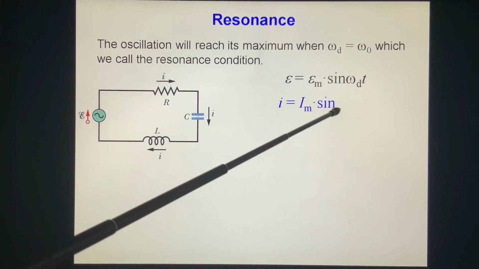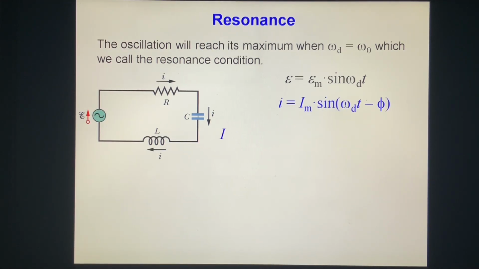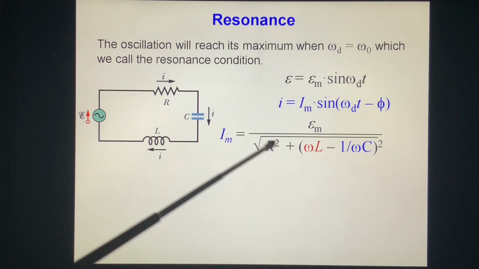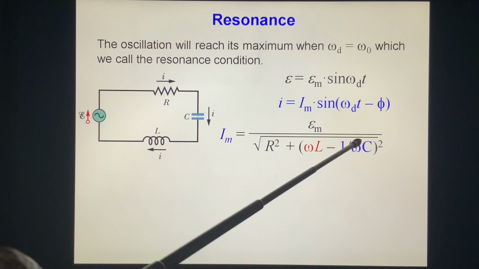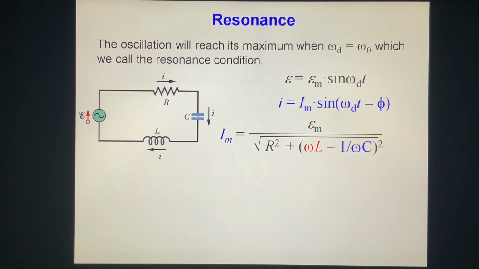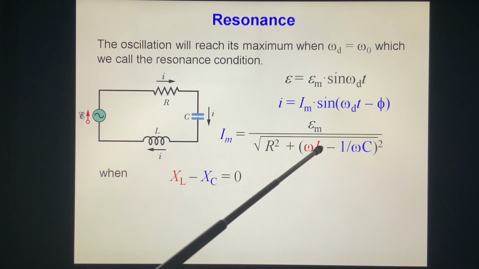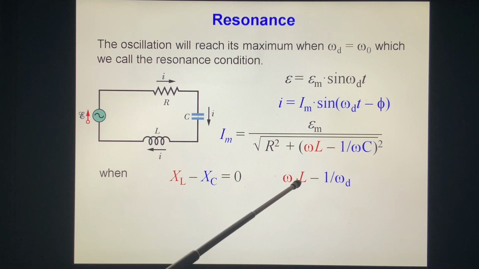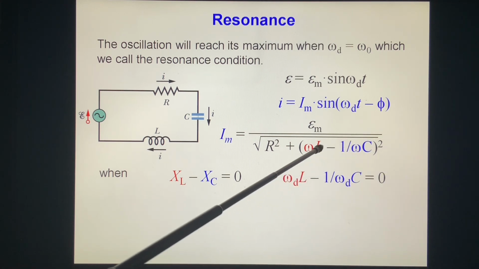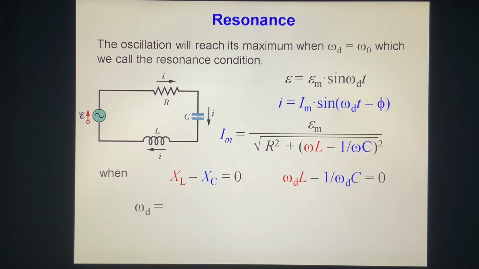This is I. We write I equal to epsilon m over the square root of R squared plus omega L minus 1 over omega C squared. And when XL equal to XC, in other words, XL minus XC equal to 0, then we get Im.